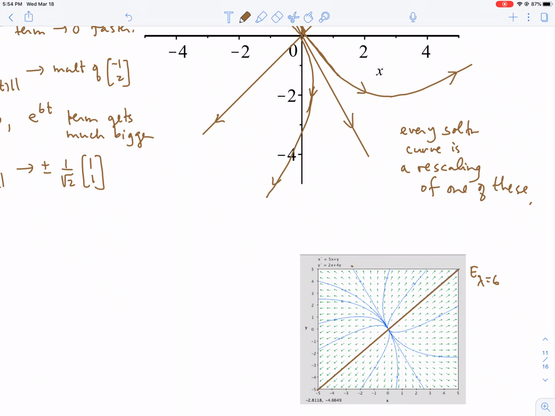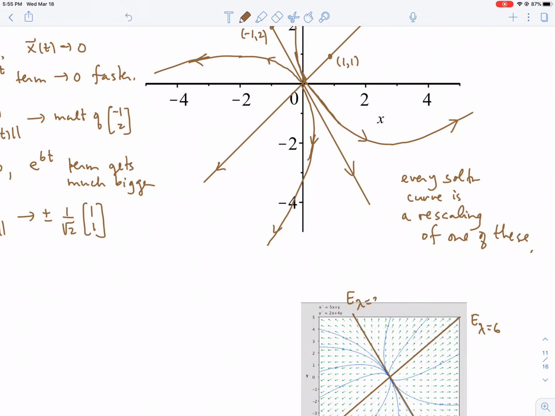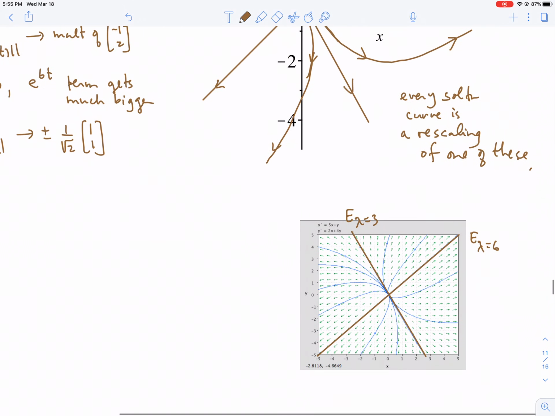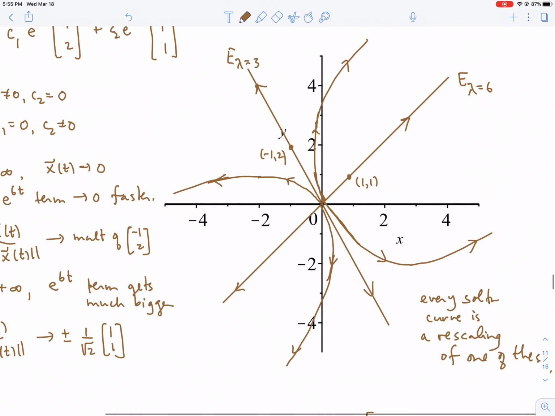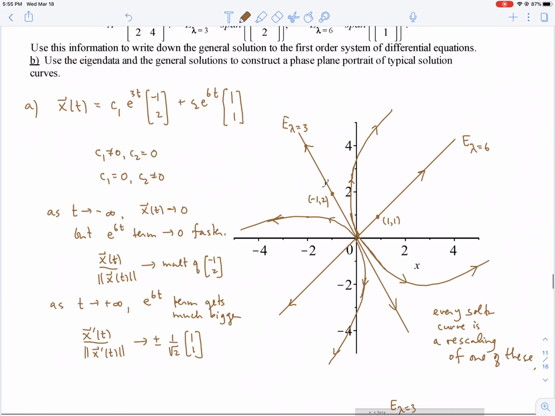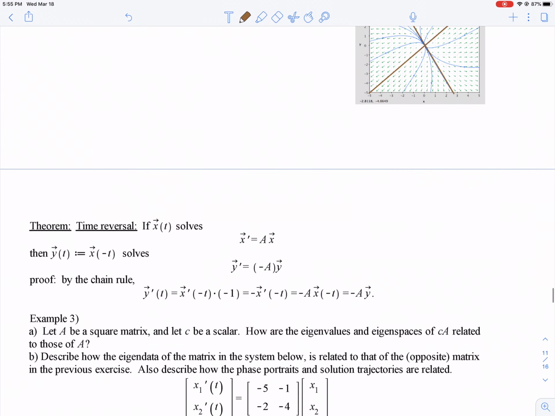And here was the eigenspace for lambda equals 3. And I just had p-plane draw a few more solution trajectories. But so we understand qualitatively, just in terms of the eigendata, pretty much exactly what happened.